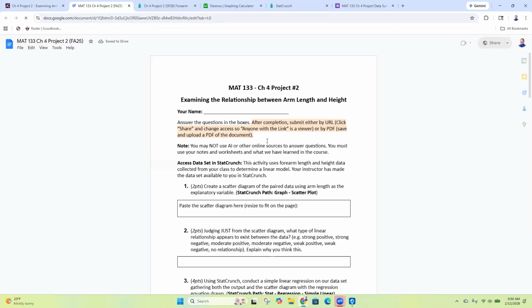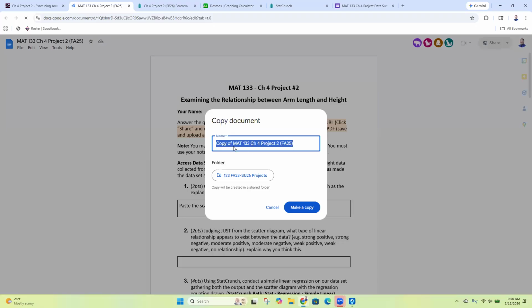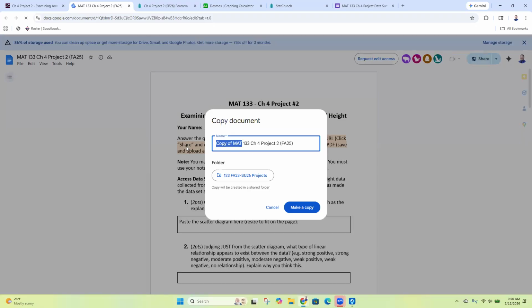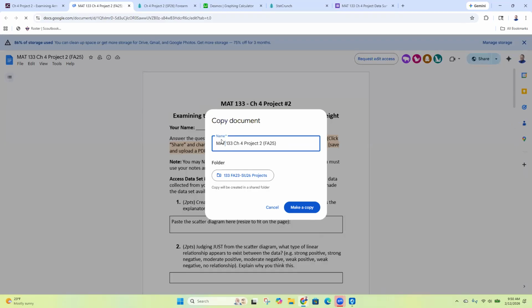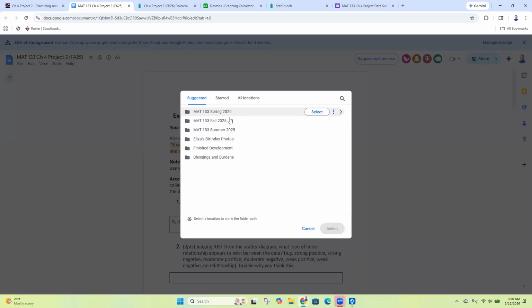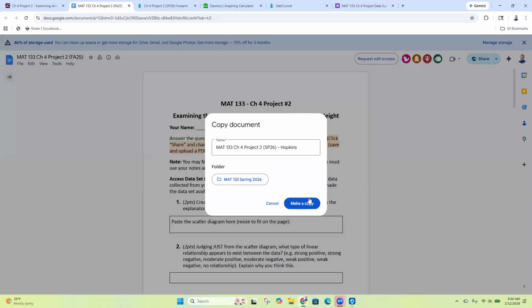So we need to do File, make a copy, this is spring 2026. Save it somewhere, put it in this folder. There we go.